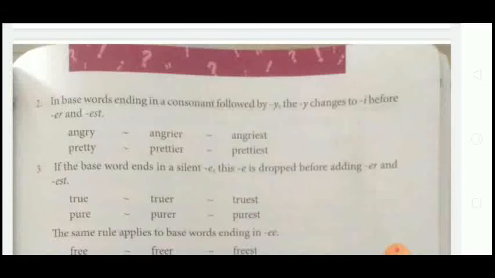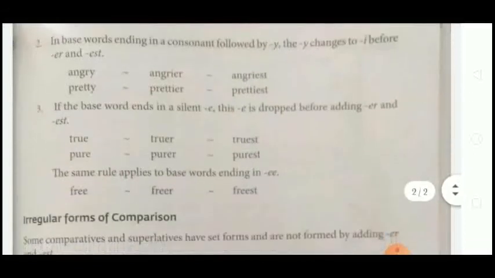Pure, purer, purest. The same rule applies to base words ending with double e. If the e is silent, the e will be dropped and er and est will be added. Free: here the last e is silent, so we drop that e, and get freer, freest.